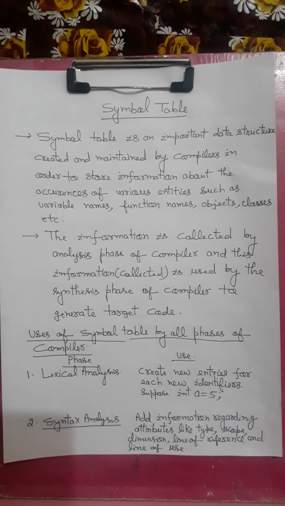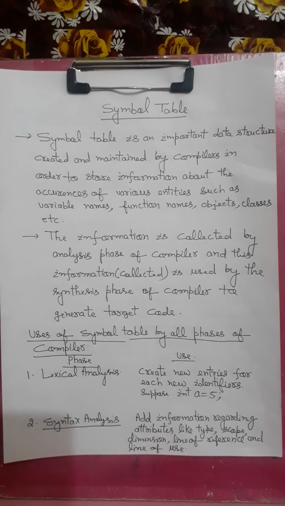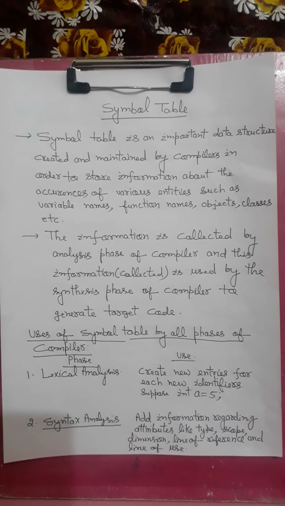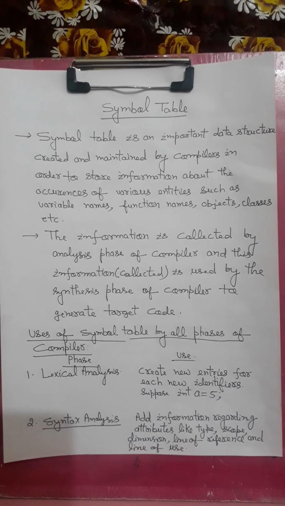In the case of the syntax analysis, the compiler sees whether the given program is syntactically correct or not. And in the case of the semantic analysis, the compiler sees whether the program is semantically correct or not.